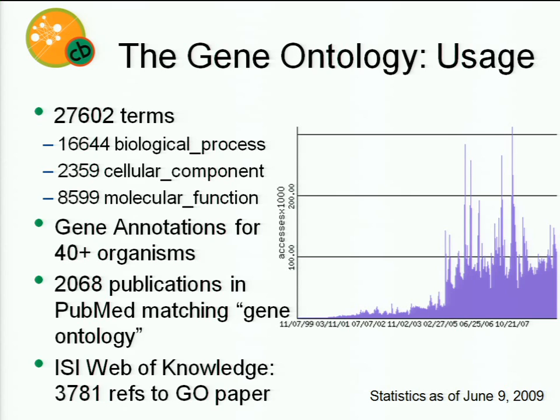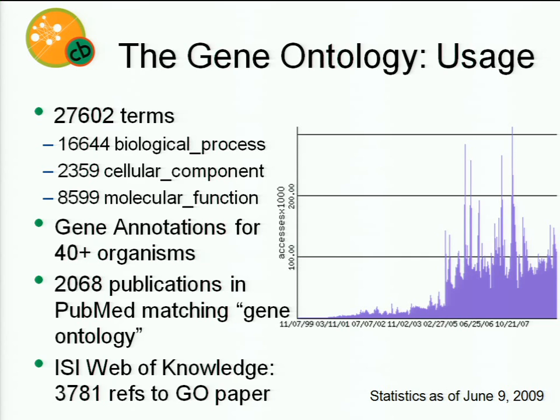The gene ontology itself is probably one of the most successful biological ontologies in existence. And just some basic statistics on it so that you understand the scale that we're dealing with. As of June 9th, there were 27,602 terms split across 3 different branches, as you see there.